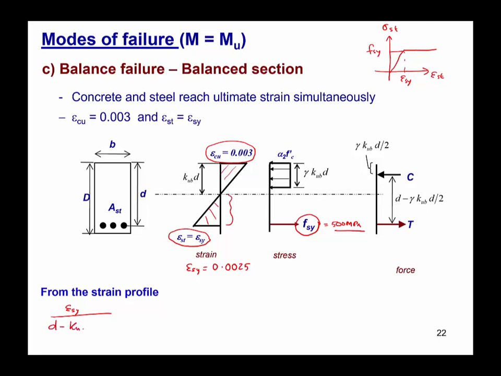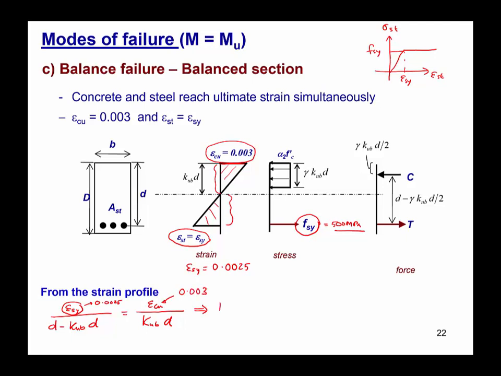Now because it is a balance failure mode, we'll write ku as kub. d should be equal to the strain in the concrete, that is the crushing strain 0.003, divided by this depth, which is kub d. We know that yielding of the steel will happen at 0.0025, and the crushing of the concrete will happen at 0.003.